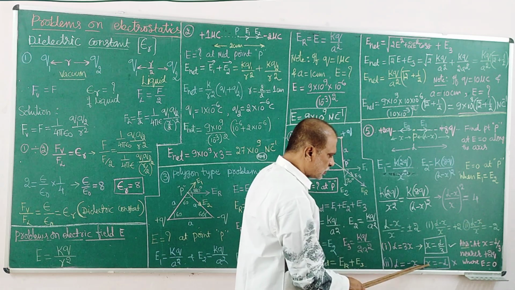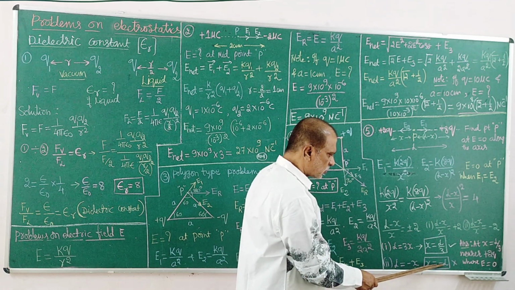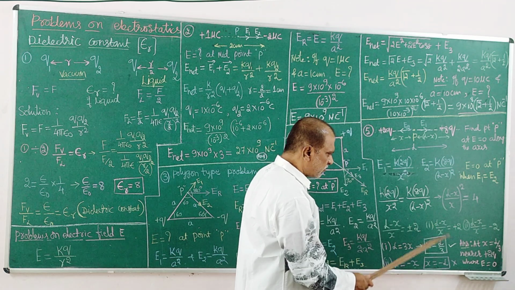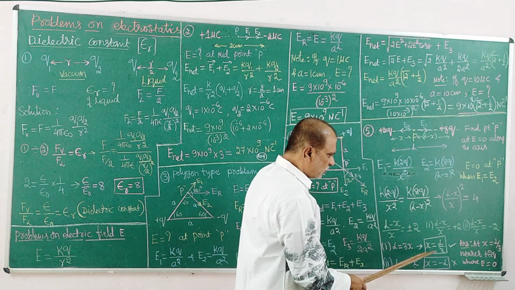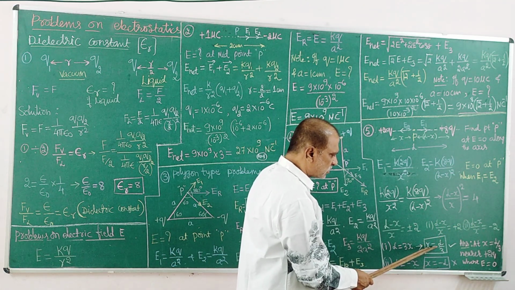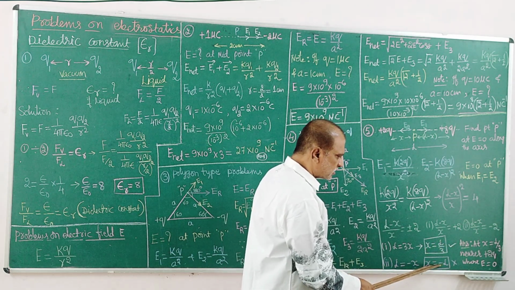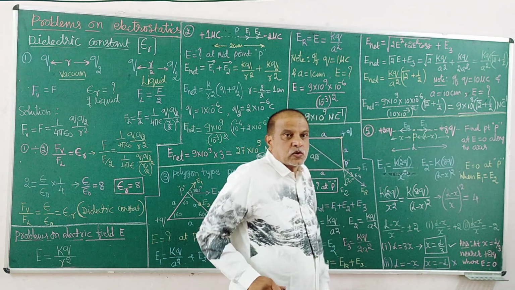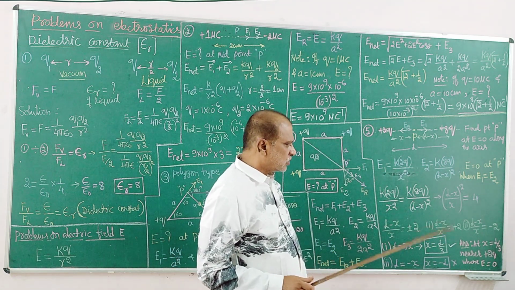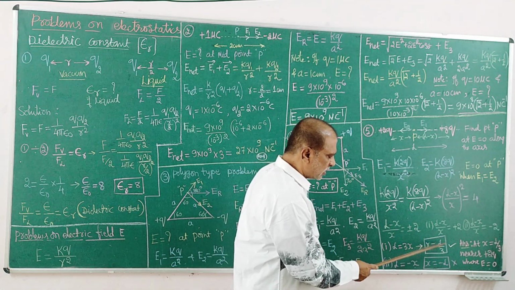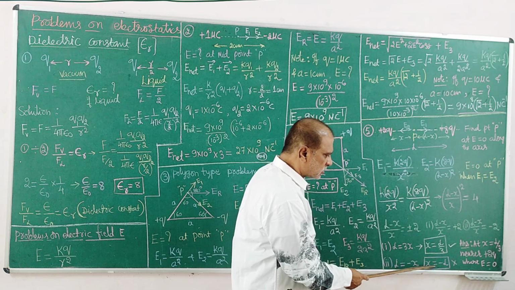For the second case, x is equal to minus L we get. When I solve for x for the first case and the second case, we get a positive value for the first, which is an acceptable solution. If you get a negative value, it is not an acceptable solution. So the acceptable solution is always positive. That is, x equals L by 3 is the true value, the other is not.